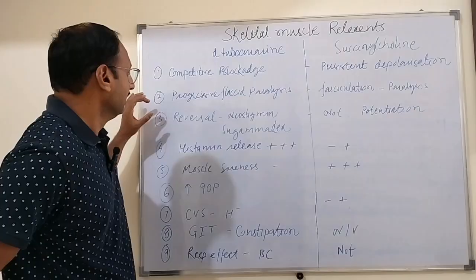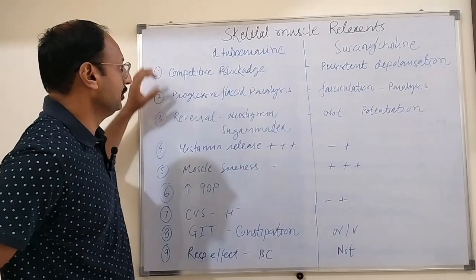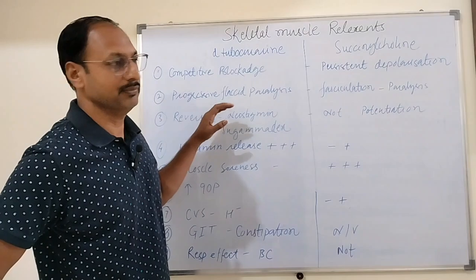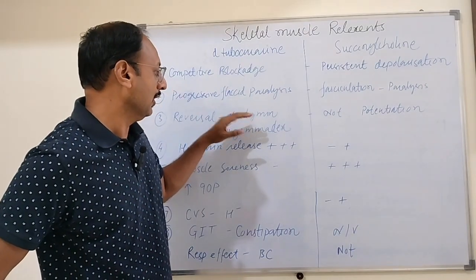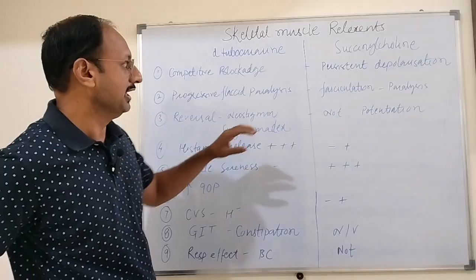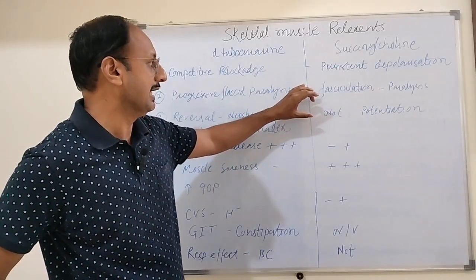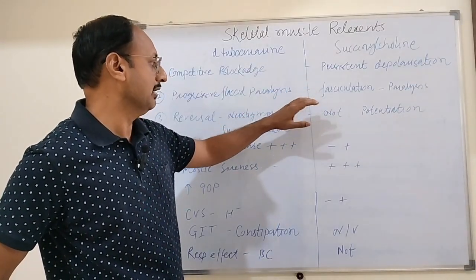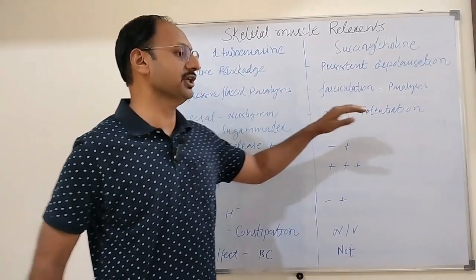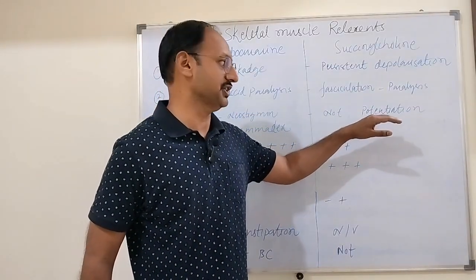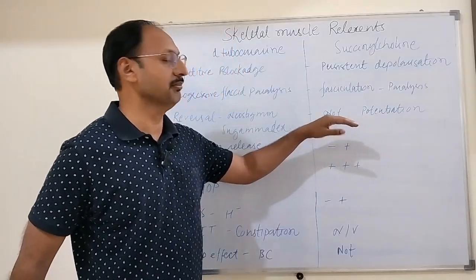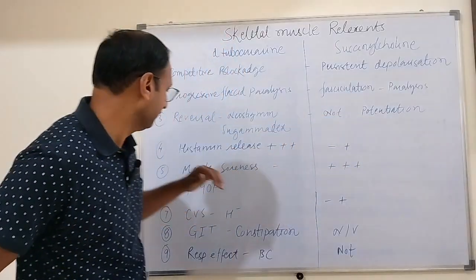Number three, the reversal of blockade produced by d-tubocurarine can be achieved by administration of neostigmine or by sugammadex. But reversal of succinylcholine is not possible by administration of neostigmine. Even potentiation of skeletal muscle relaxation is seen if we administer neostigmine with succinylcholine.